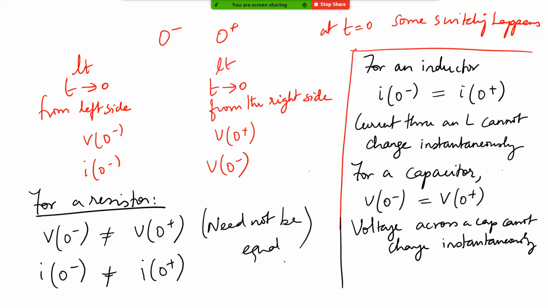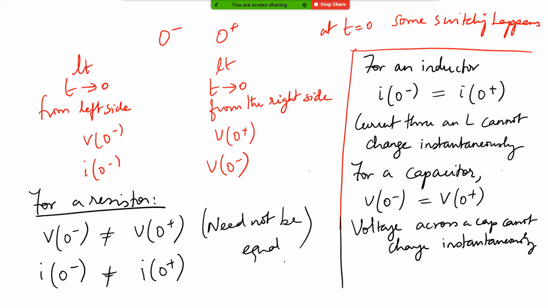It can change instantaneously, so there is no necessity that before switching and after switching, at the very instant of switching, when we are talking about 0 minus and 0 plus, we are basically just artificially dividing the time and then saying that instantaneous change.